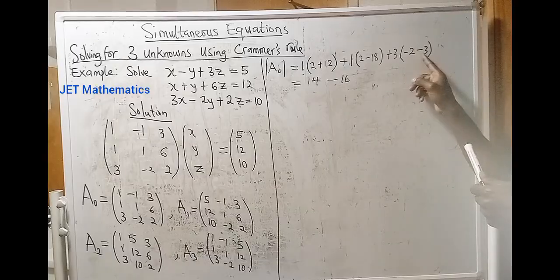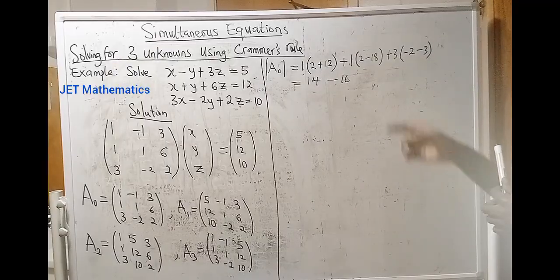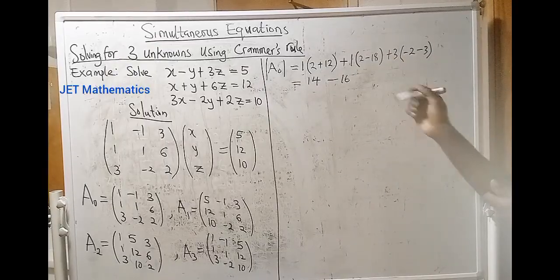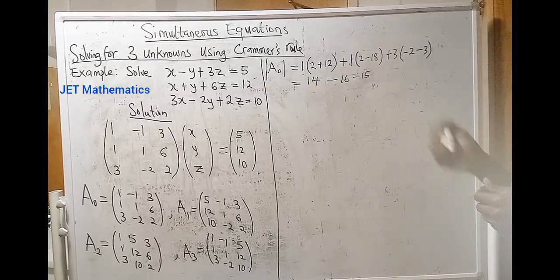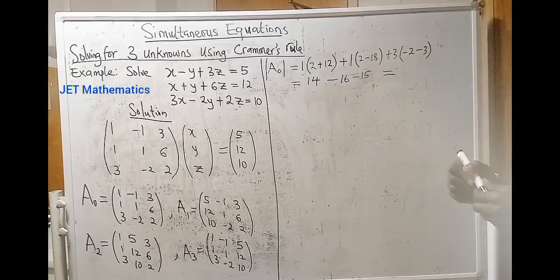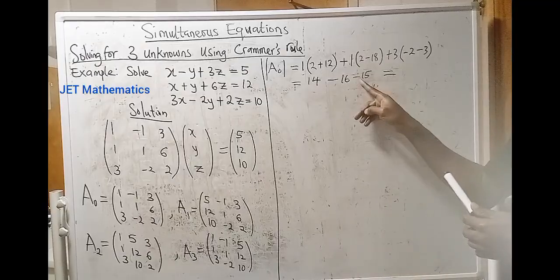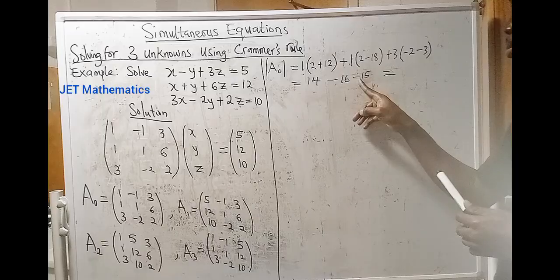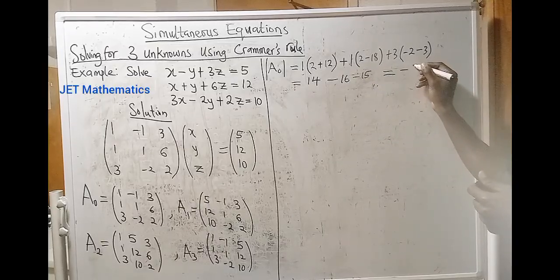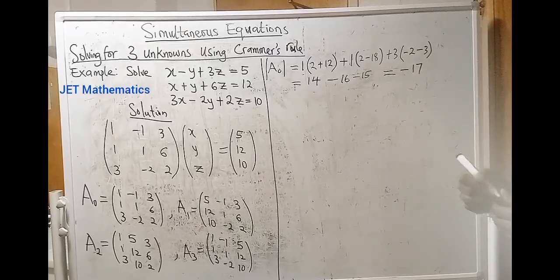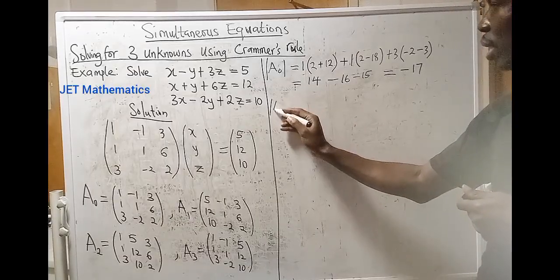Then this plus this is minus 5. Minus 5 times 3 is minus 15. So our answer here is 14 minus 16 is minus 2, minus 2 minus 15 gives us minus 17. So that's for our A0. So we're going to look for the determinant of A1.